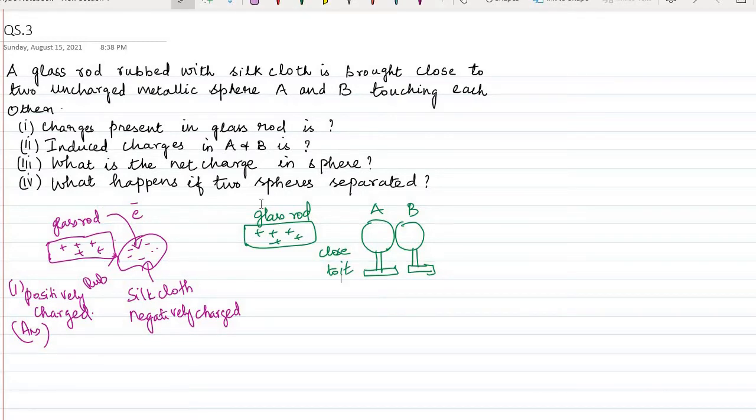When you bring the glass rod close to it, what is the charge induced? Positive charge will induce an opposite negative charge.